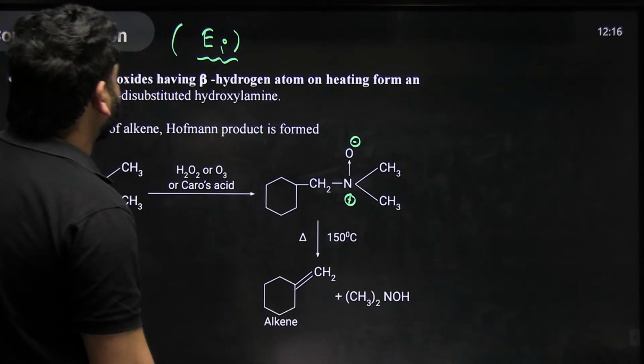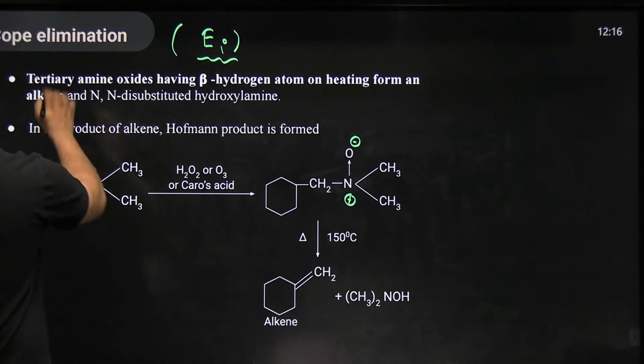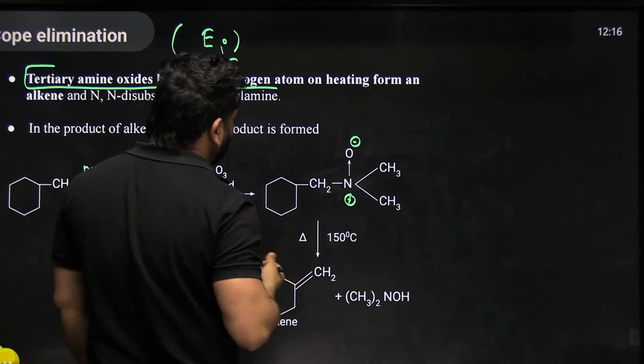So hydroxylamine, it's like an amine oxide, tertiary amine oxides with beta hydrogen. So I'm also just quickly doing the recap of what the reaction was about.